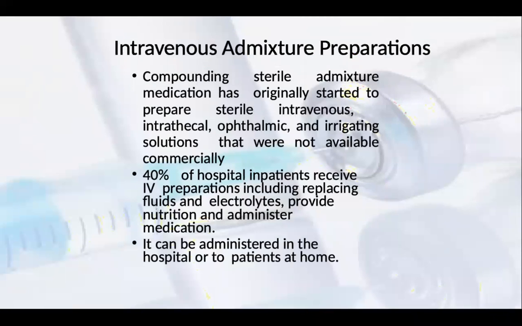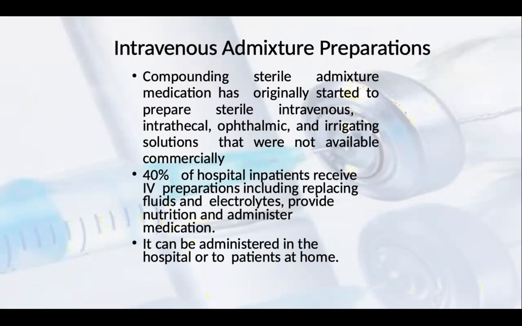So if you say intravenous admixture preparation, how do they prepare it? Compounding of sterile admixture medication originally started to prepare sterile intravenous, intrathecal, ophthalmic, and irrigating solutions that were not available commercially. Now, in about 40% of hospitals, inpatients receive intravenous preparations, including replacing fluids and electrolytes, providing nutrition, and administering medications.